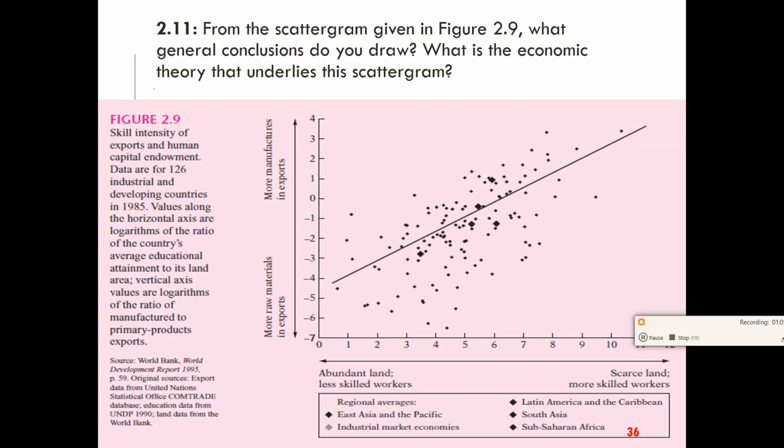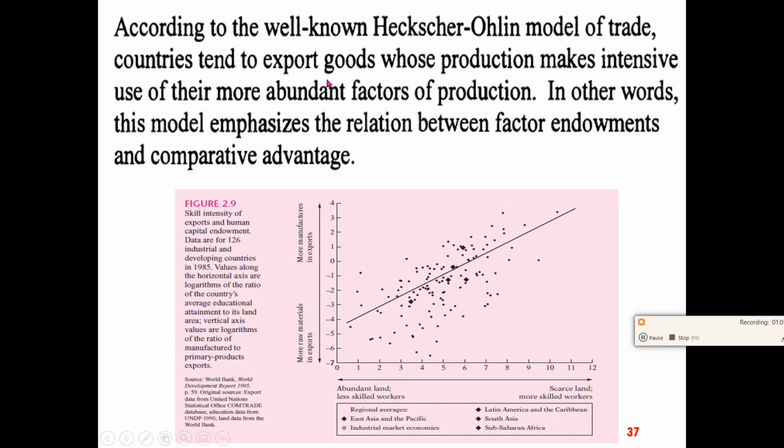Whereas the countries which have more skilled workers but scarce land are producing more finished goods or manufactured products instead of raw materials. Even if you don't know the name, let me provide it: according to the well-known Heckscher-Ohlin model of trade, countries tend to export goods whose production makes intensive use of their abundant factors of production. So this is what I was trying to explain.